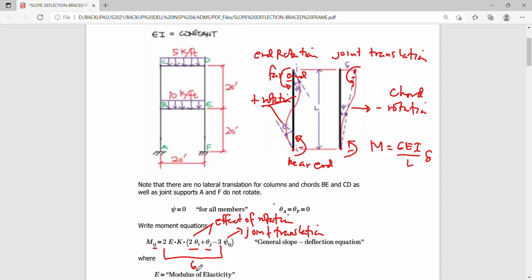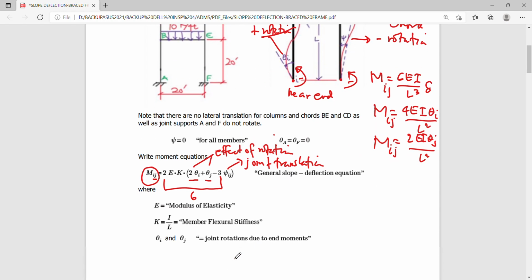This is a 6EI, while the formula here is a 4EI over L. And the moment due to the rotation is a 4EI theta i over L, and a 2EI theta j over L. So if we are referring here to Mij and Mji, the influence of these three values for your moments will actually be summed up into this value here.